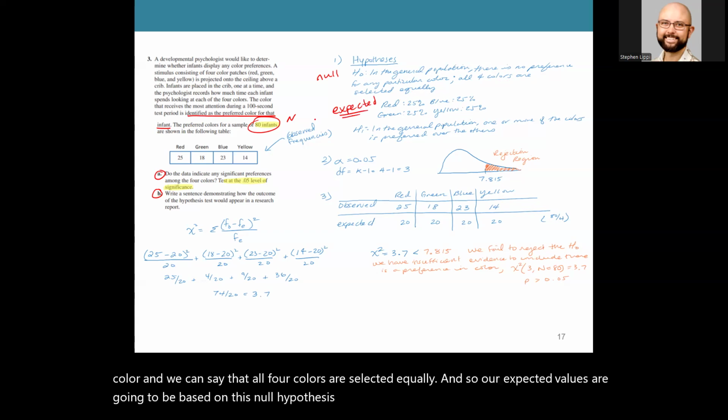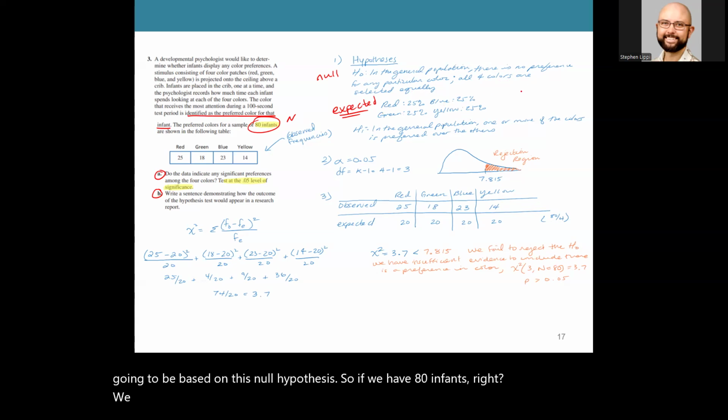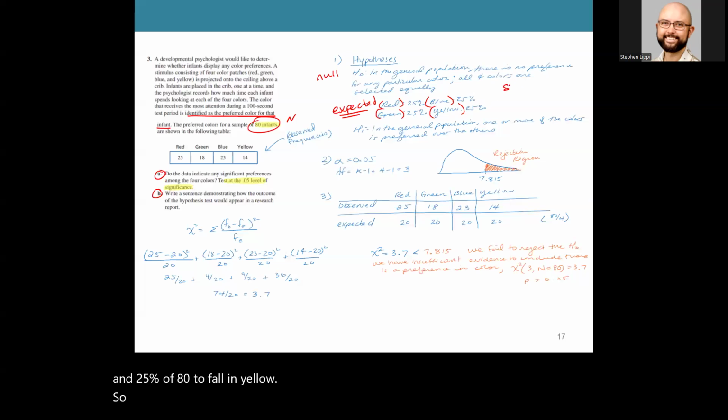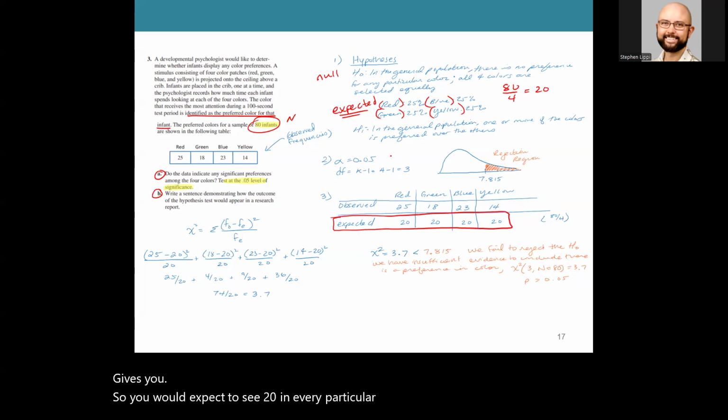So if we have 80 infants, we would expect 25% of 80 to fall in red, 25% in green, 25% in blue, and 25% in yellow. So 80 divided by 4 gives you 20. So you would expect to see 20 in every particular category.